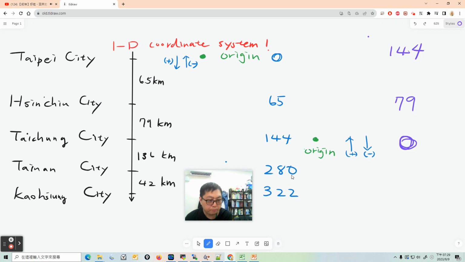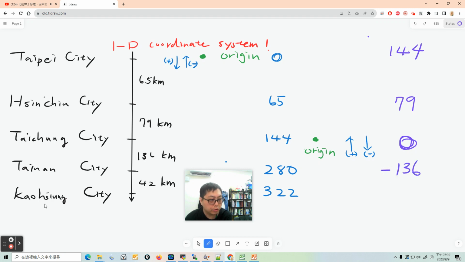So what about Tainan City and Kaohsiung City? They are in the negative direction. Taichung City is 0, and Tainan City is 136 kilometers from Taichung City, in the negative direction, so its position in this coordinate is minus 136.